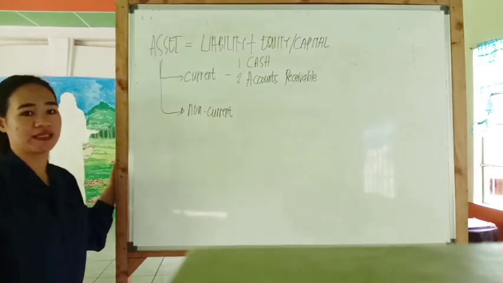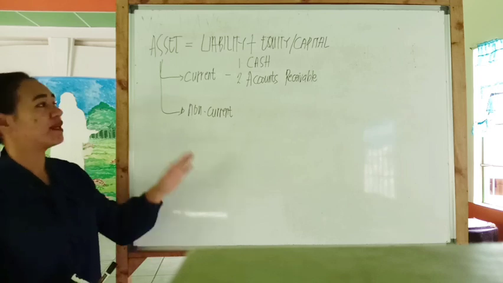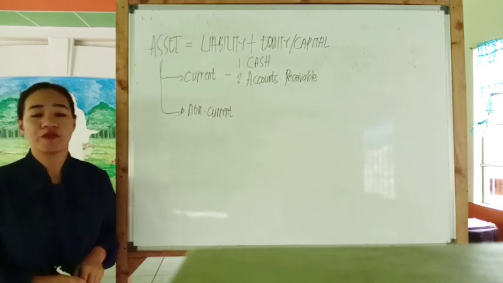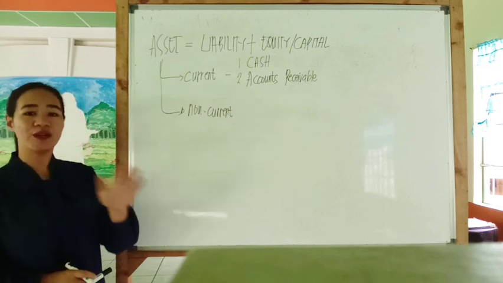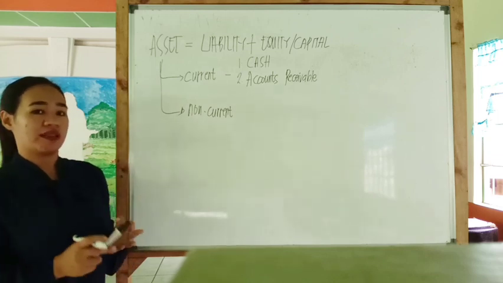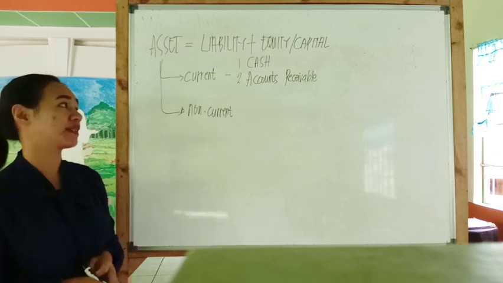Accounts receivable. Ang accounts receivable, ito yung pautang natin. Ibig sabihin, your collectible. Halimbawa, the form of your business is service. So, in your past units again, nabanggit doon na there are 3 forms of business na pinagsisilbihan ng accountants.